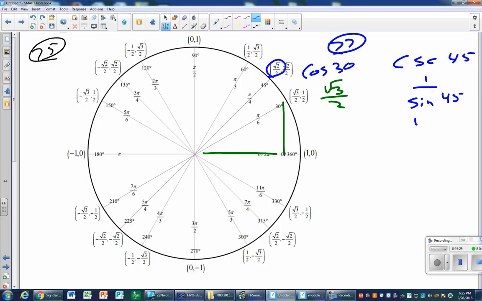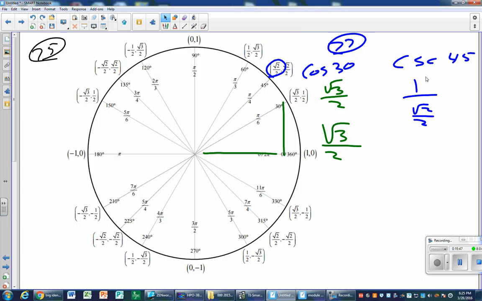That is going to be on the denominator of our fraction. Remember, we want to multiply by the reciprocal, so we're going to compare square root of 3 over 2 with the reciprocal, which is 2 over square root of 2.